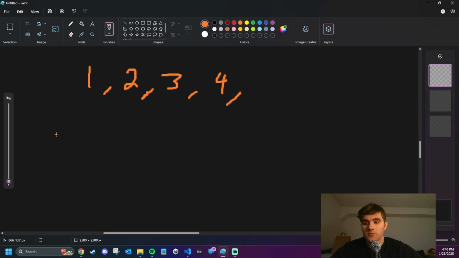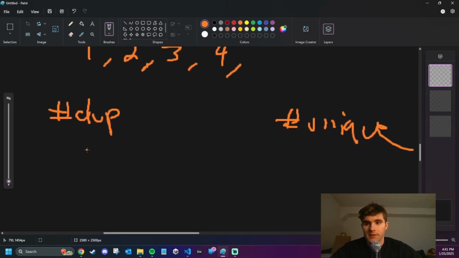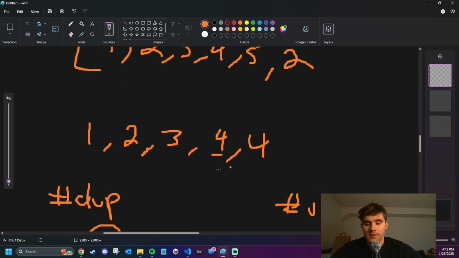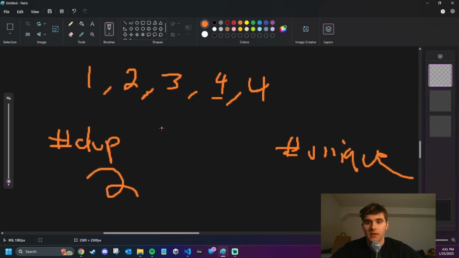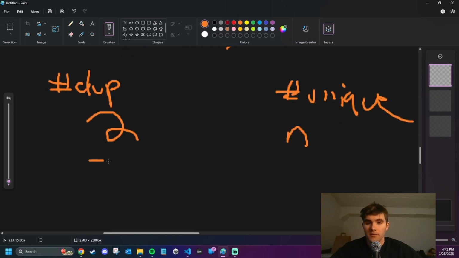So if I say number of duplicates and number unique: if the number of duplicates is 2, so let's say 4 appears twice, then the number of unique is n. If you have 3, then it's n minus 1.